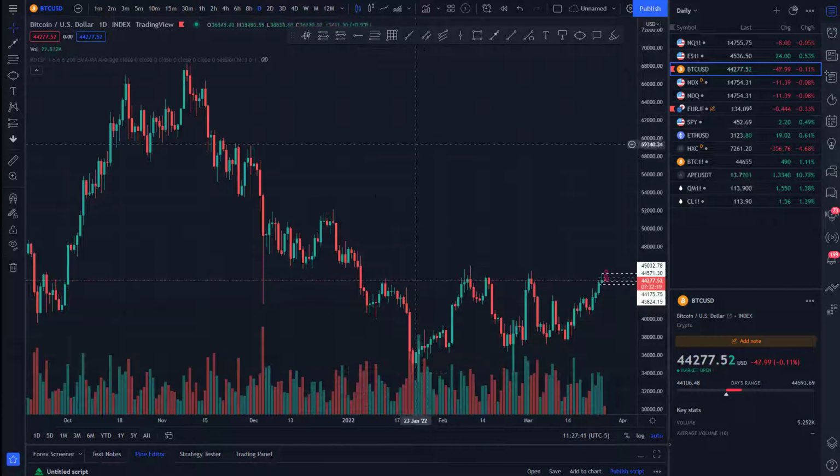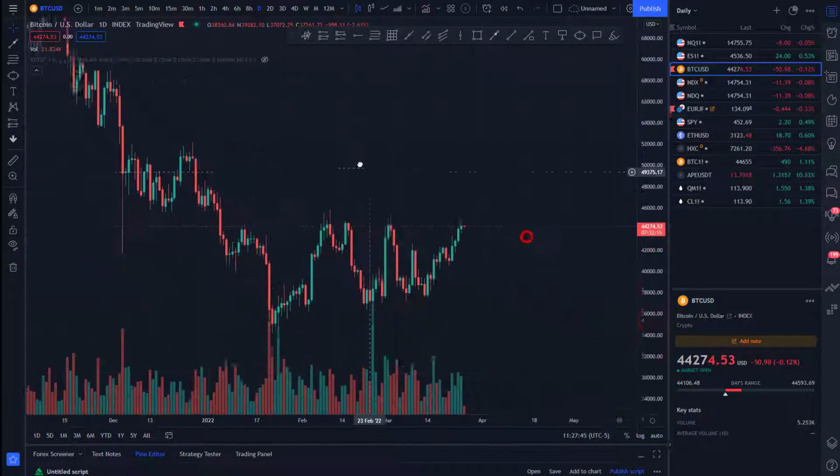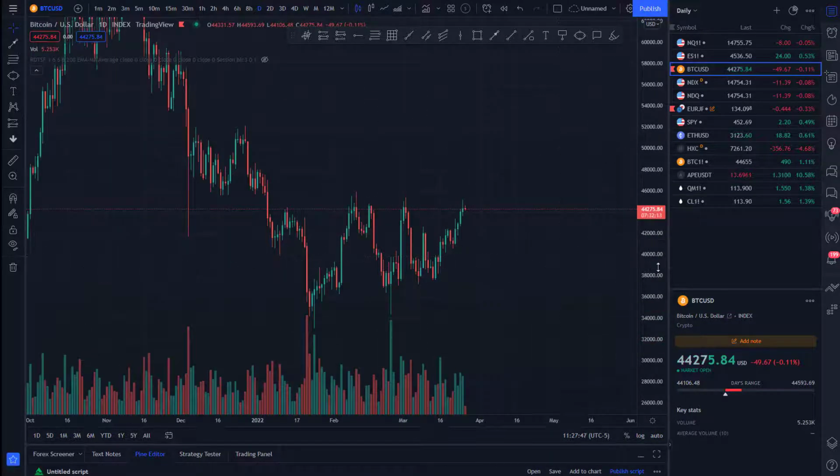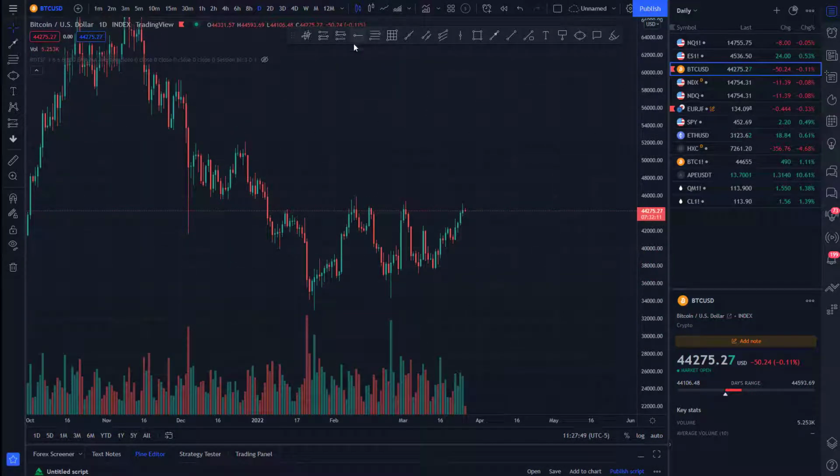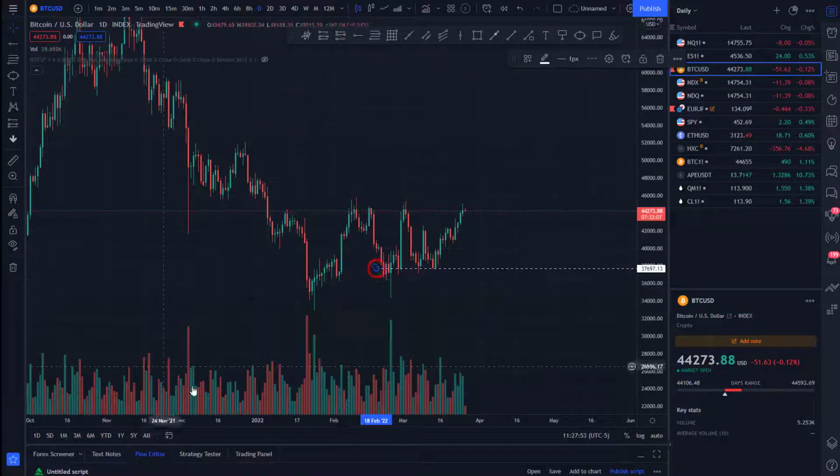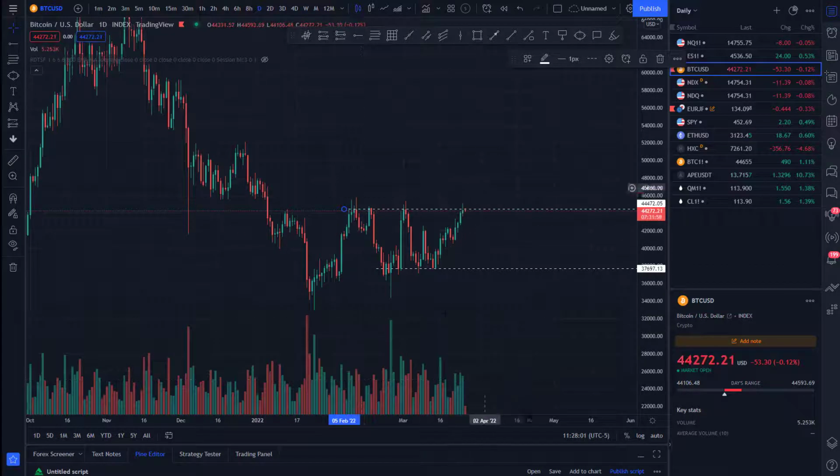A lot of times when I'm talking about Bitcoin, I'm very binary in my discussion about Bitcoin, or about anything really. I say the only level that matters at this point in time is right here and here. Those are the only levels that really matter. Anything else in here?